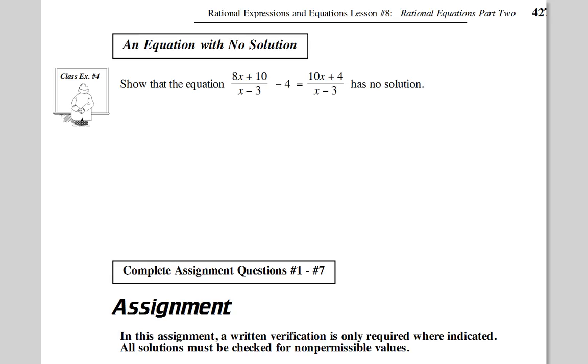So can we cross multiply? I could do an intermediate step that would allow us to cross multiply, but I think that would just confuse people.